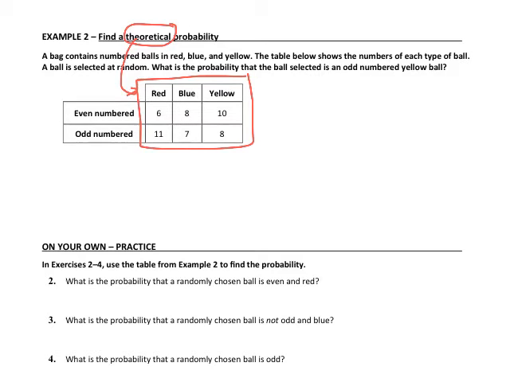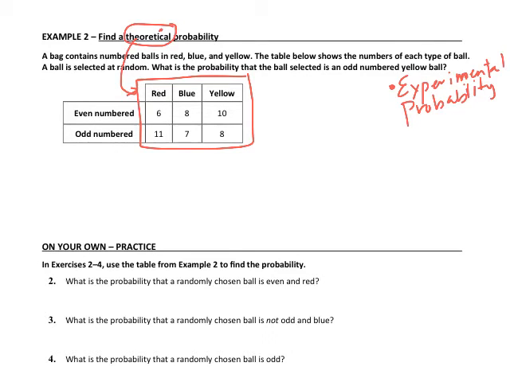Now, the word experimental probability is not really in the vocabulary part of this lesson. Experimental probability means what you get when you actually do the experiment. And so there's a difference between experimental probability and theoretical probability.